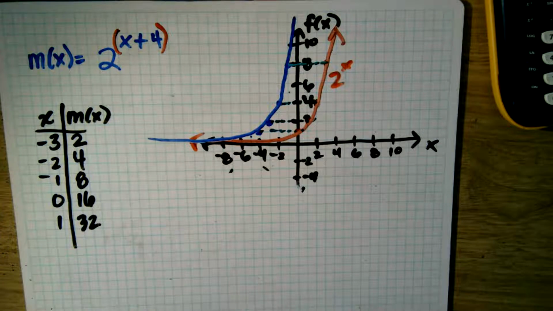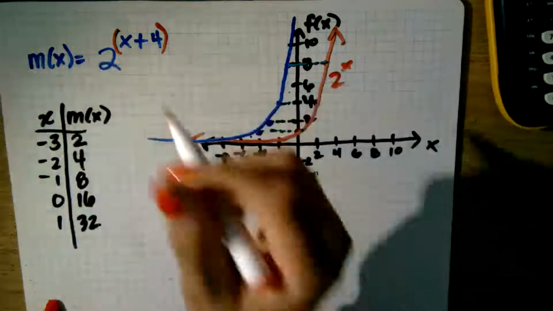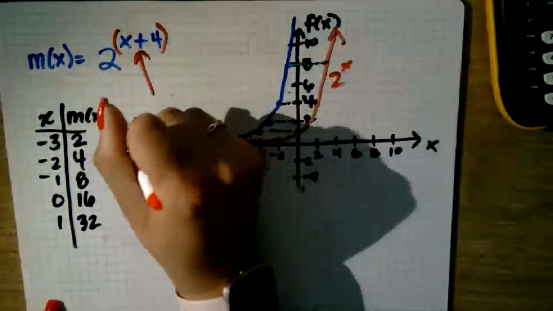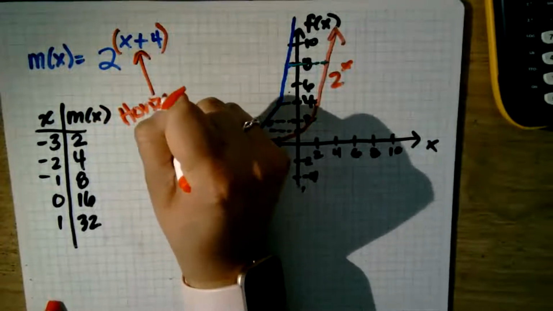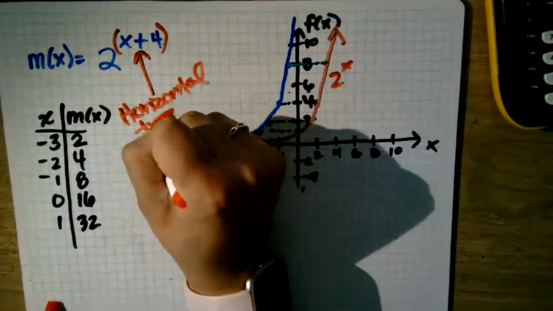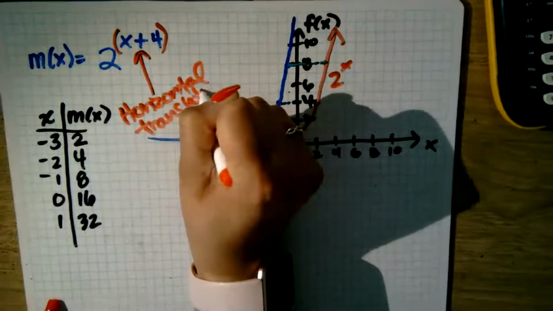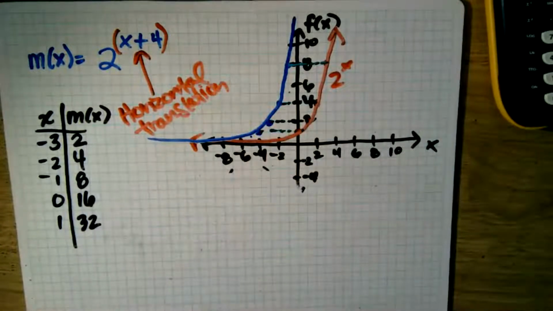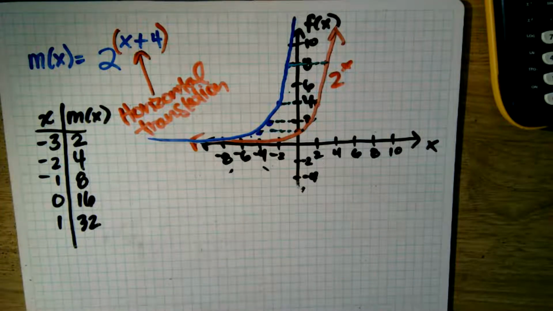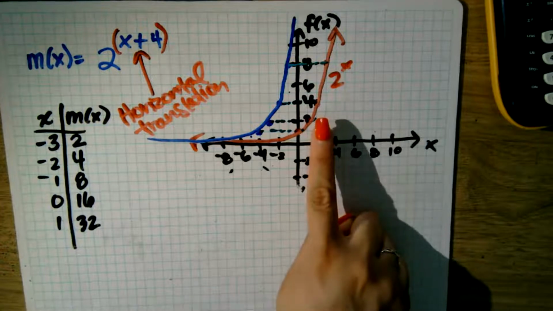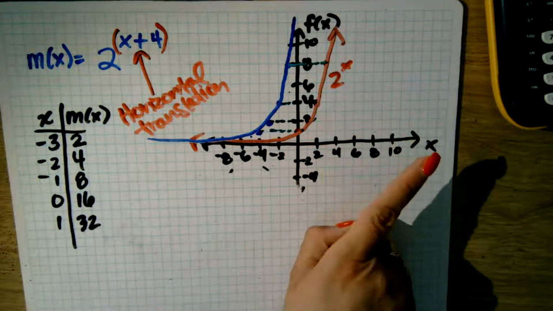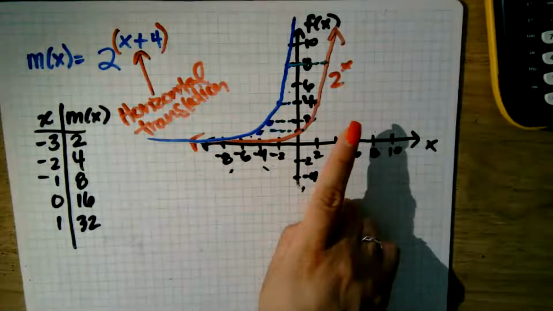Because I'm messing with my inputs, remember, this gives me a horizontal translation. But how many units did we move and in what direction? This is my original one. Did I move to the right or did I move to the left? I moved to the left.